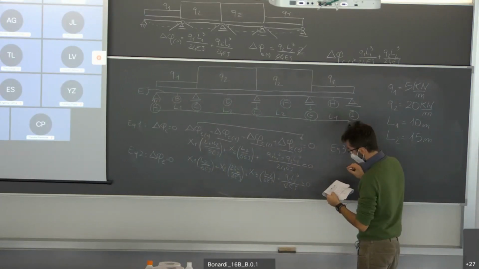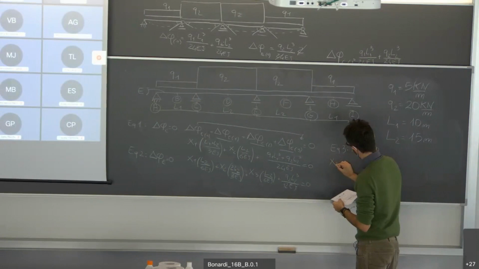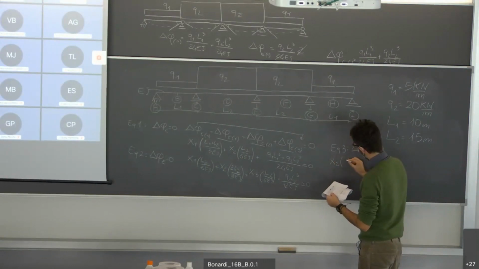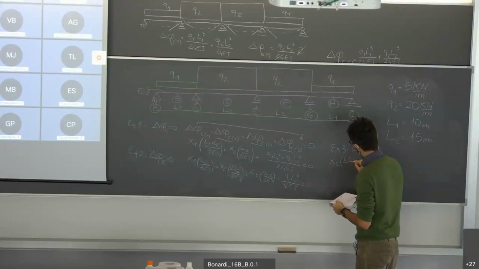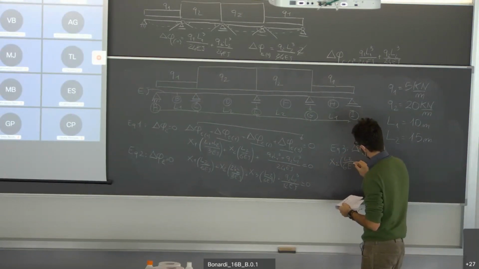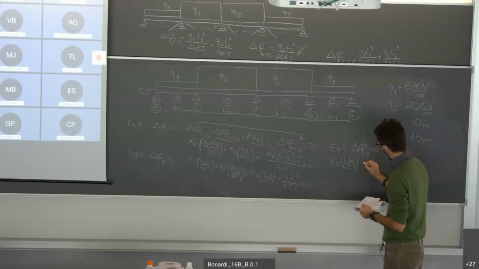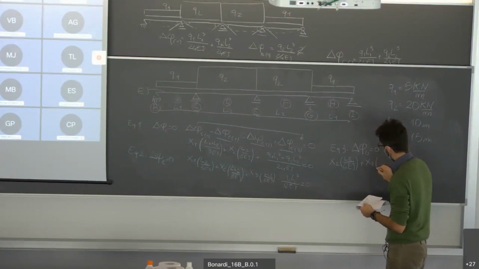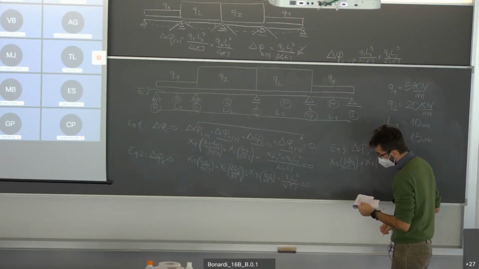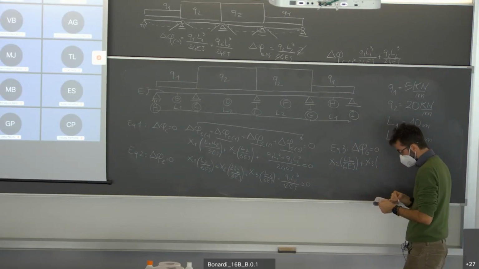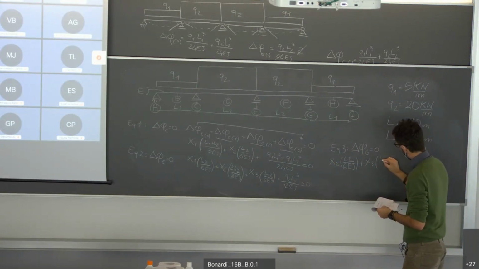So x2 multiplying L2 over 6EI plus x3 multiplying L2 over 3EI plus L1.